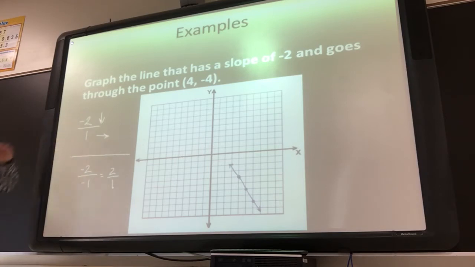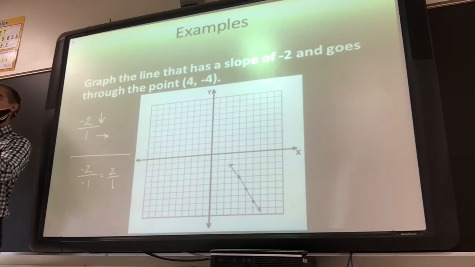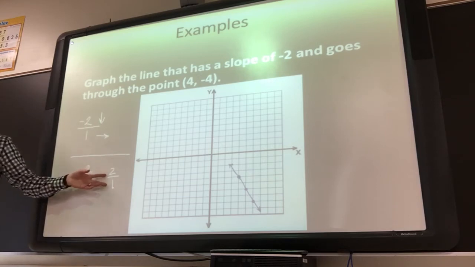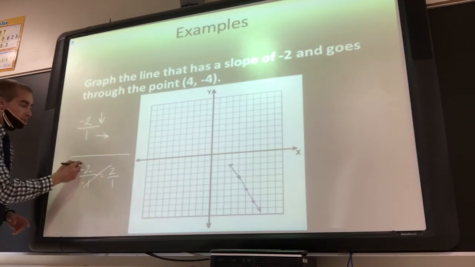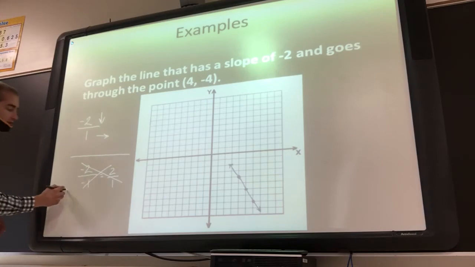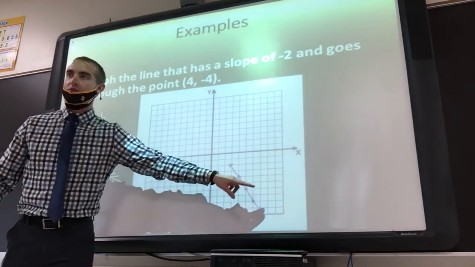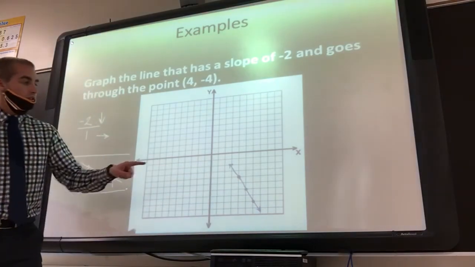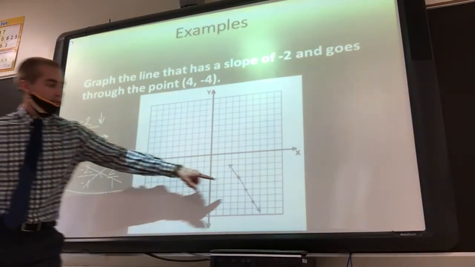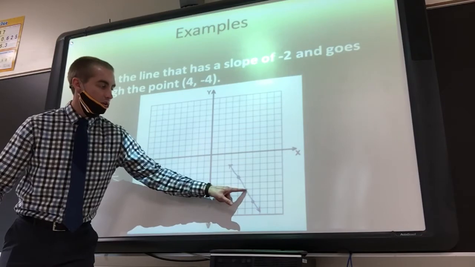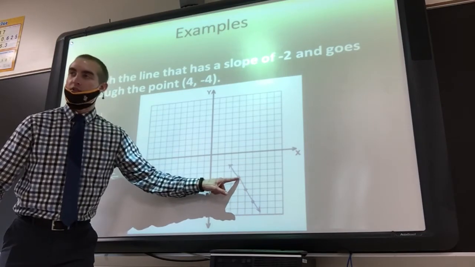So anytime you have a negative slope, just one number, either the x or the y, that's what's negative, not both of them. Because if they're both negative, then it's actually a positive slope. So don't do it like this. The other thing you could have done, because sometimes we might not have room to go down and to the right, but notice, if we're going down and to the right, we could also go up and to the left, right?